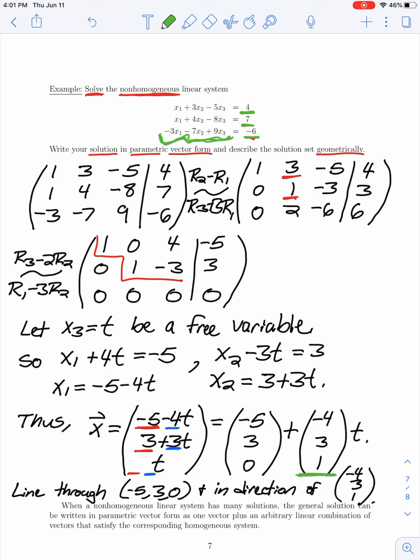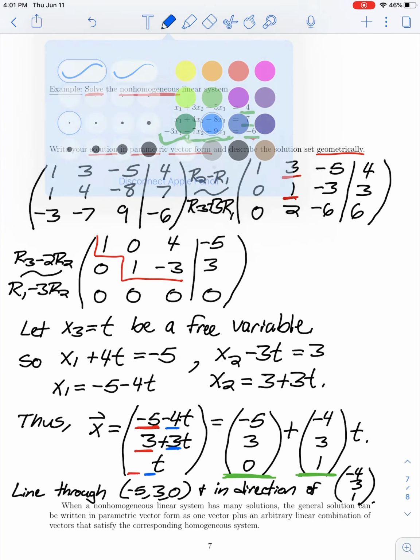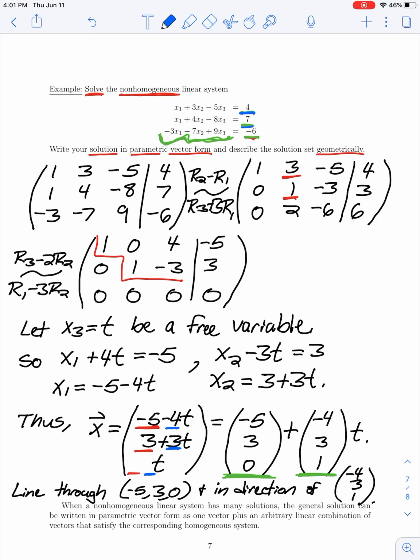But instead of passing through the origin now, we have a line which is passing through this point, negative 5, 3, 0. So we have a line which is parallel to the line describing the solution of the homogeneous system, but passing through a different point. And the point that we're passing through is determined by what constants we have on the right-hand side of our equation.